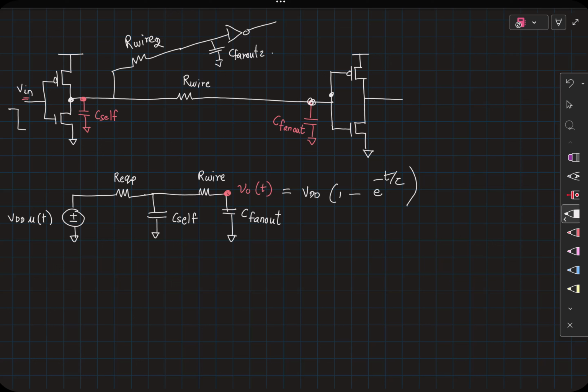I am going to approximate the behavior of V naught of t as if this were a first order response, and now I will spend time figuring out what this time constant should be so that the results match closely with that of a second order response. Now this time constant, which is approximating the first order time constant such that it matches with the second order response or a higher order response, is what we call the Elmore delay.